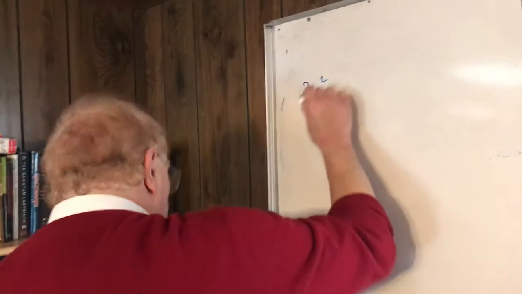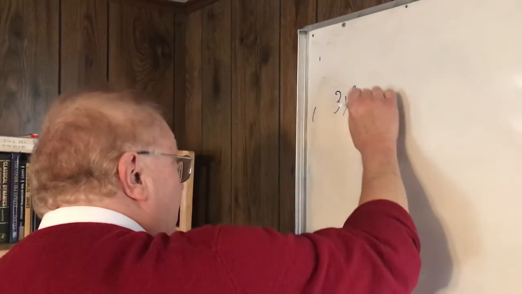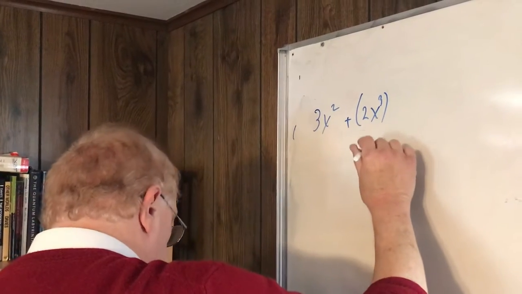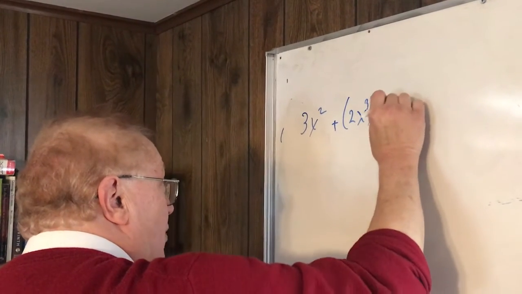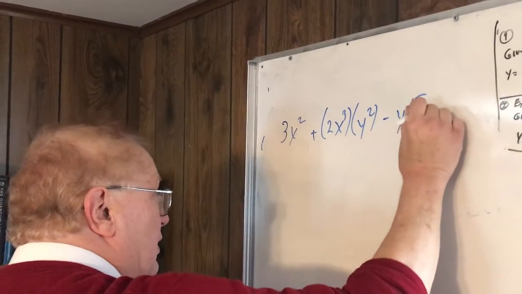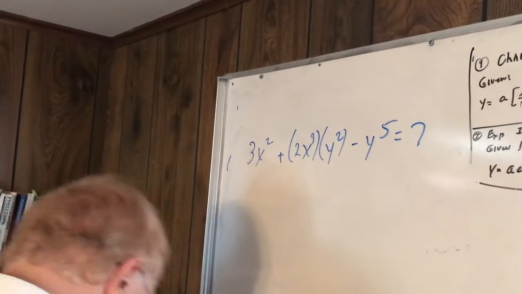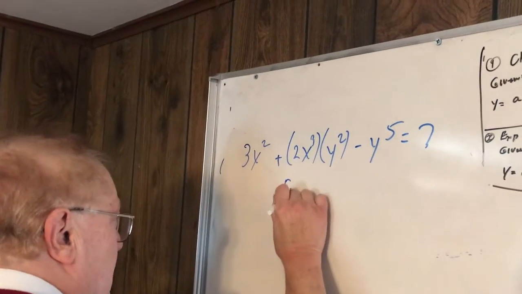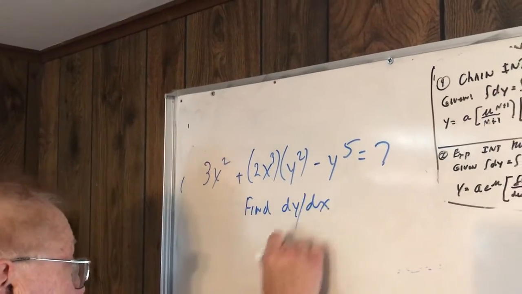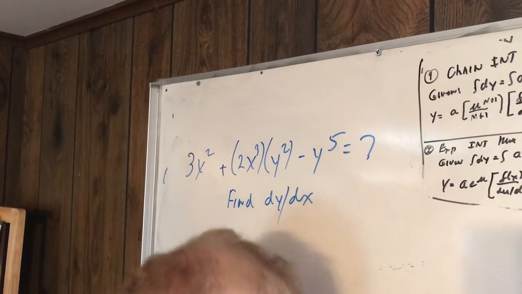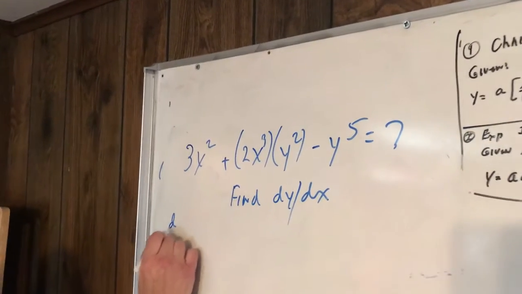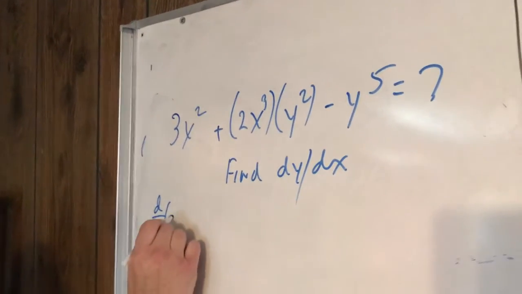I have 3x squared plus 2x to the third y squared minus y to the fifth equals 7. I want to find dy/dx. So everything is with respect to x.